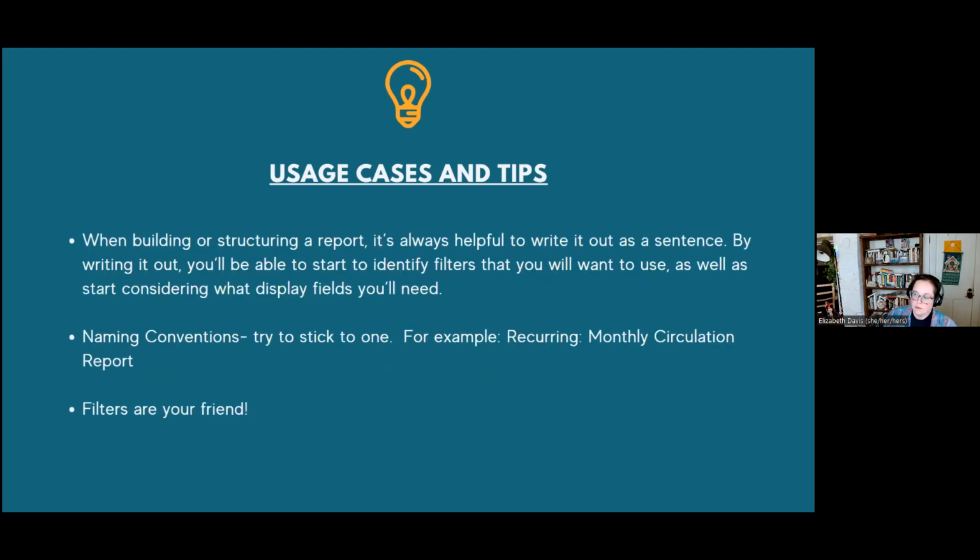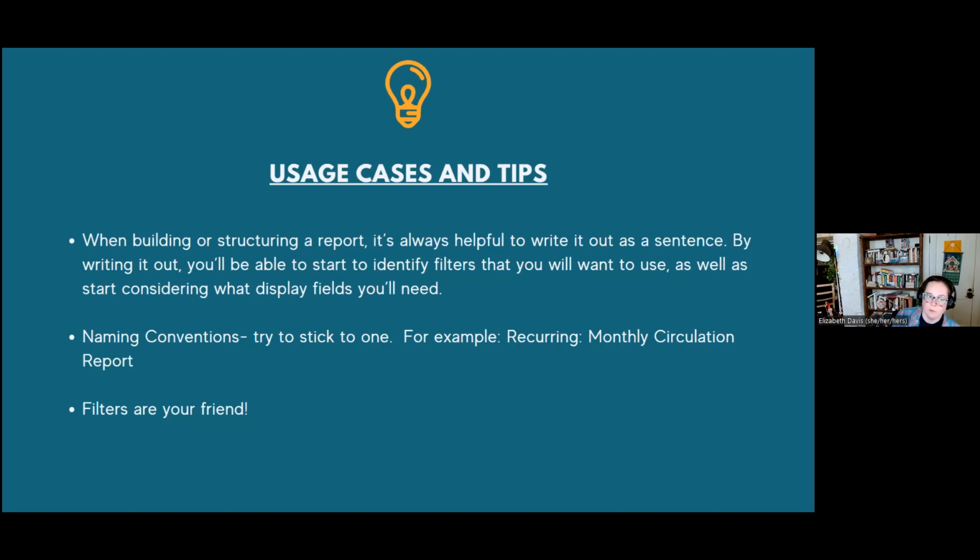Some tips. When you're building a report, it's good to write it all out, or technically you don't have to, but just think about it as a sentence, and it'll help you identify what components you need. So if you are running a monthly circulation report, think about all the components you'll need. If it's monthly, you're going to need the date. If it's circulation, you're going to need at least the count of the circulation and the library that circulated it.